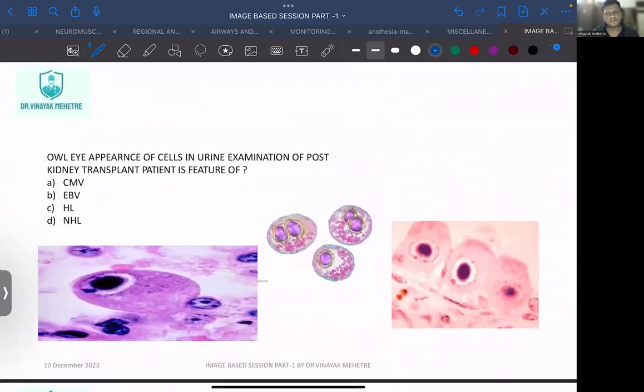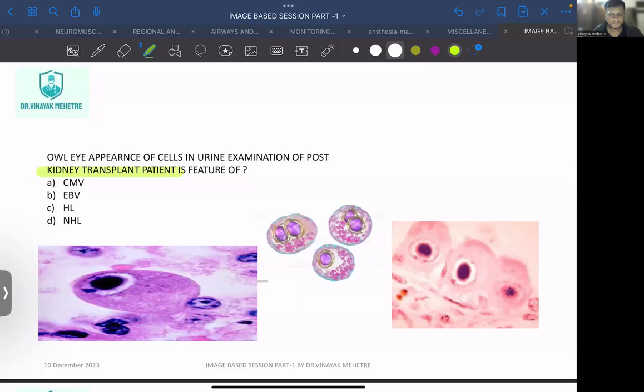Controversial question of your exam. What do you think? What will be the answer? No need to even think what is image given below.